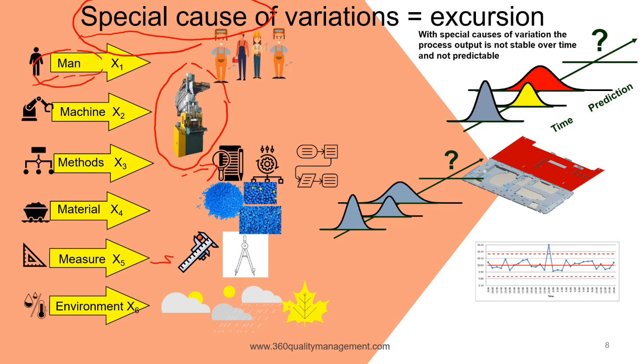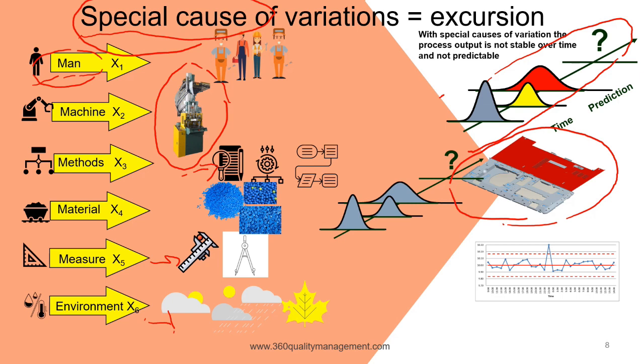For the measurement process, the environment could be out of control. All these variations are unpredictable and they are not stable over time. Therefore, you will also produce an output with special cause variations, where there could be spikes or changes that are not predictable.